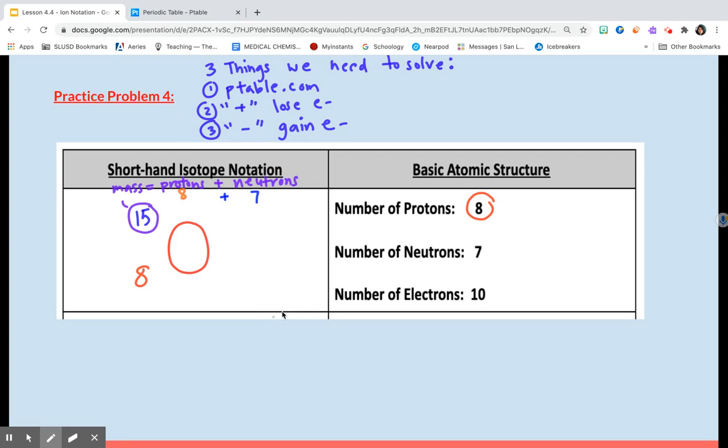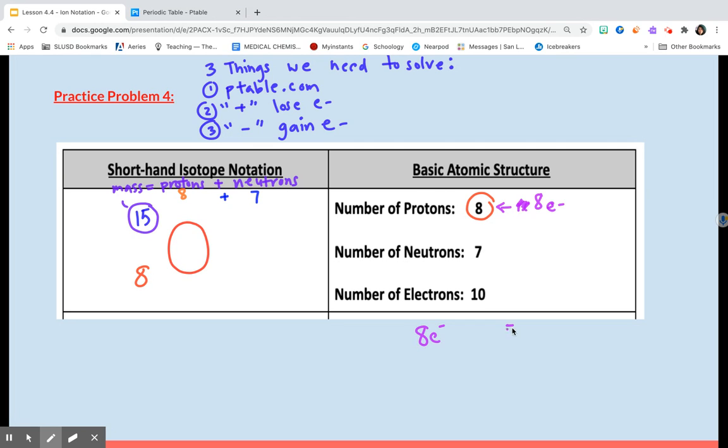Right? So here's the tricky part, number of electrons. So remember, the number of protons, this 8 and this 8 here, also tells me the number of electrons in irregular elements. So normally, element number 8, oxygen, will also have 8 electrons.